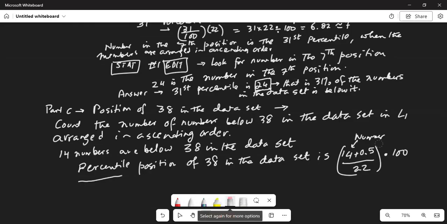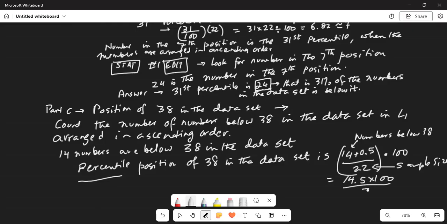So let me erase that and write it clearly. Numbers below 38 is 14, and 22 is the total sample size. So this is equal to 14.5 times 100 divided by 22.